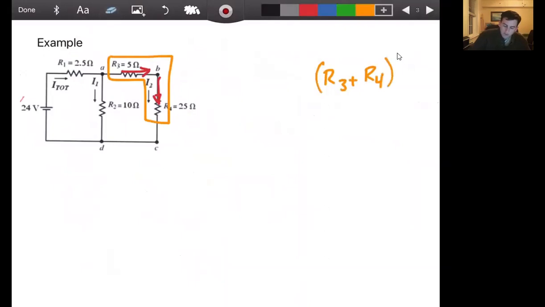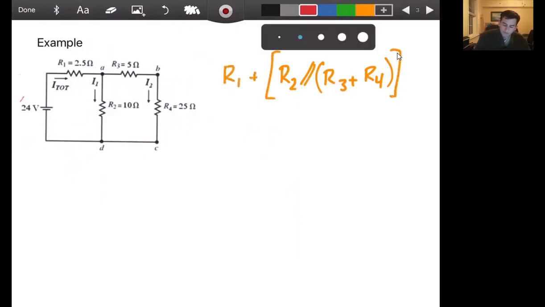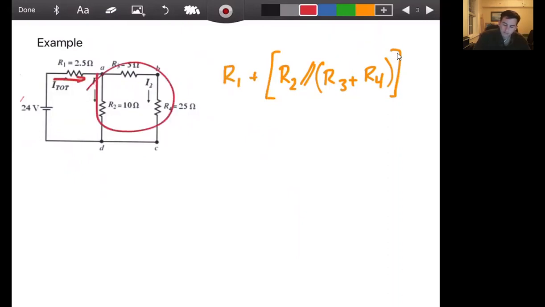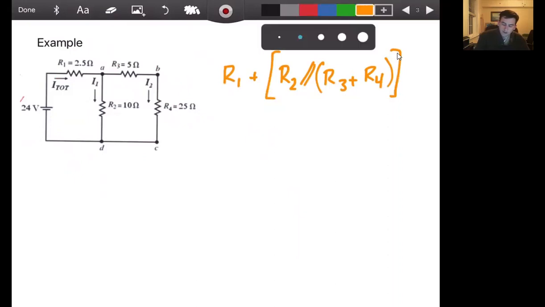We note that R3 and R4, that combination, is in parallel with R2. And then we note that this entire quantity is in series with R1, because the total current which flows through this flows through this entire mess. And that is just going to be our R total.